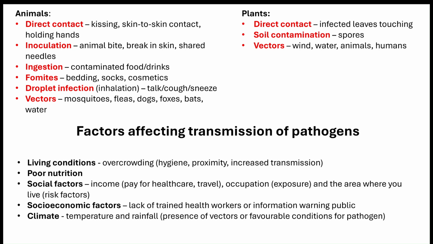So have they given you any information on the temperature or rainfall? And therefore, if there are vectors, if there's more rainfall, the spores can be transmitted further. Or if the temperature changes, does that mean that there's now a vector in an area that wasn't present before?